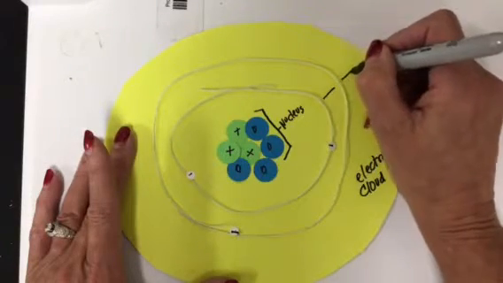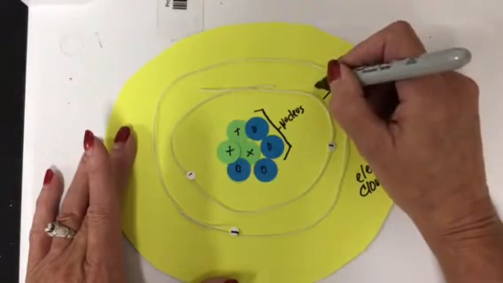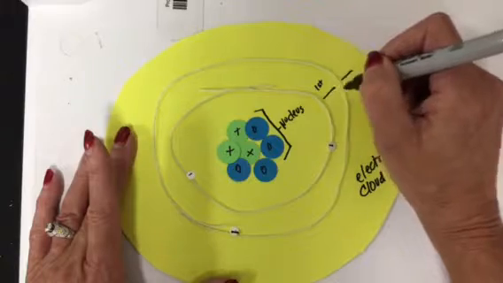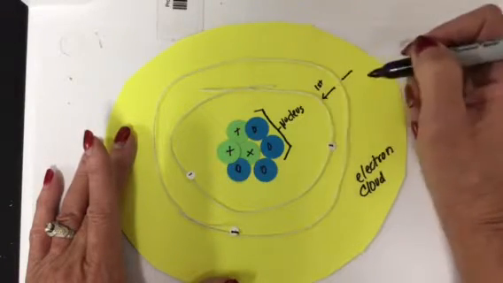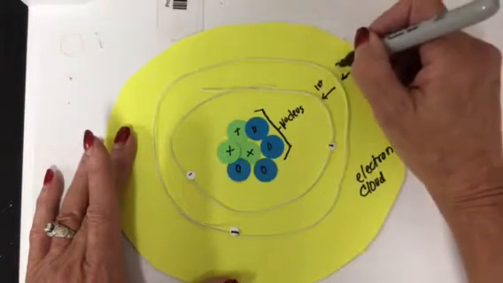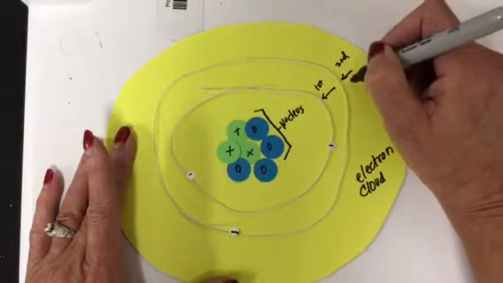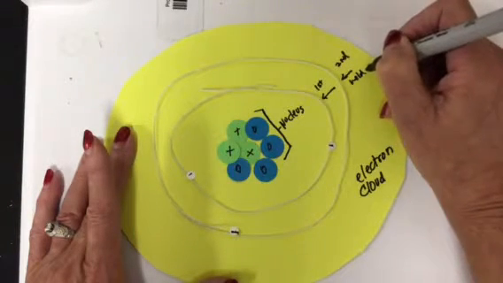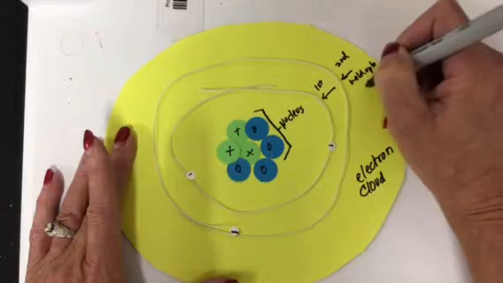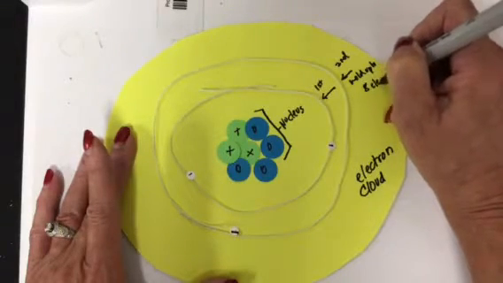This one is the first, and it can hold up to 2 electrons. This one is the second energy level, and it can hold up to 8 electrons.